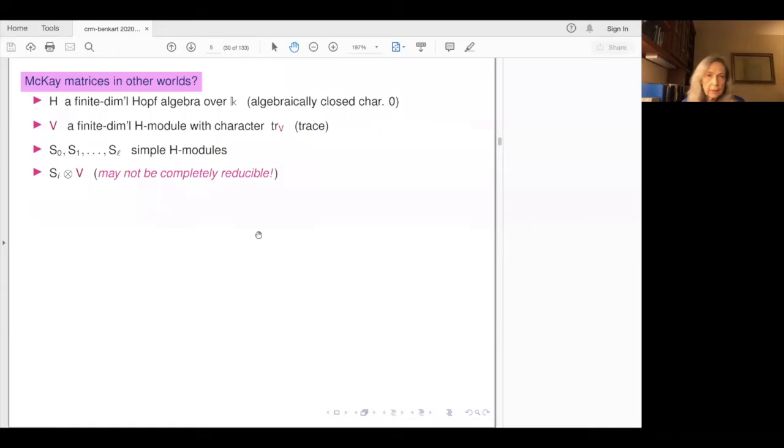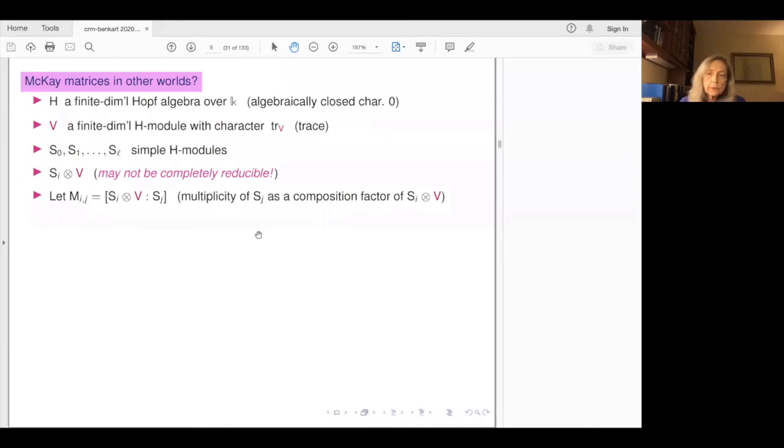Examples like quantum groups at roots of unity, restricted enveloping algebras in characteristic p, Drinfeld doubles of Hopf algebras. So I don't think we want to make that type of assumption. Rather, I'm going to let M_ij be the multiplicity of S_j as a composition factor of this tensor product.